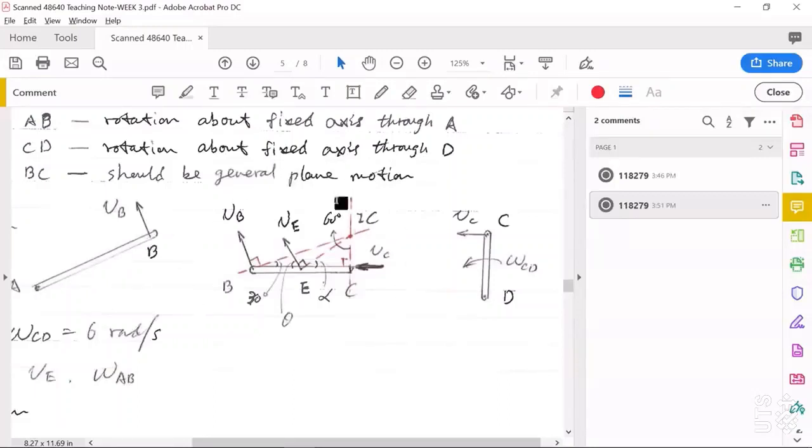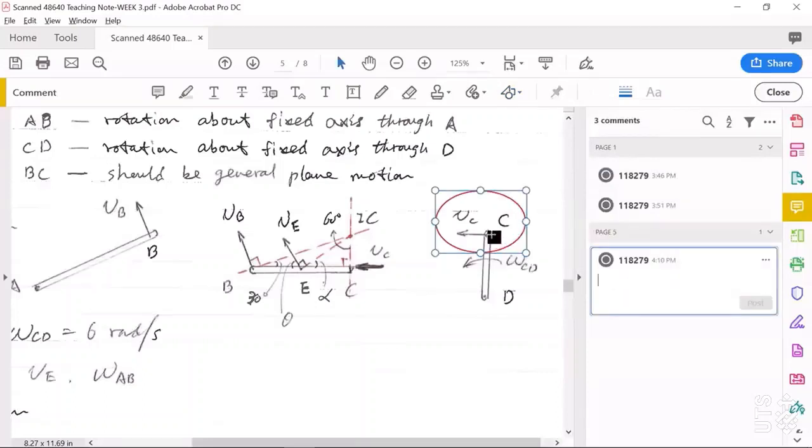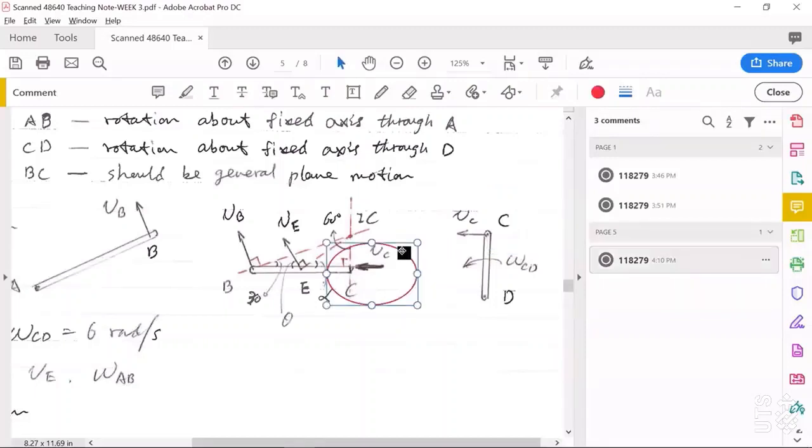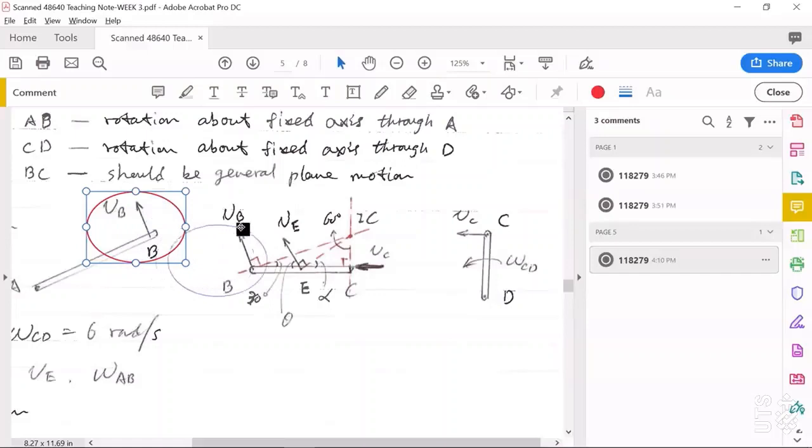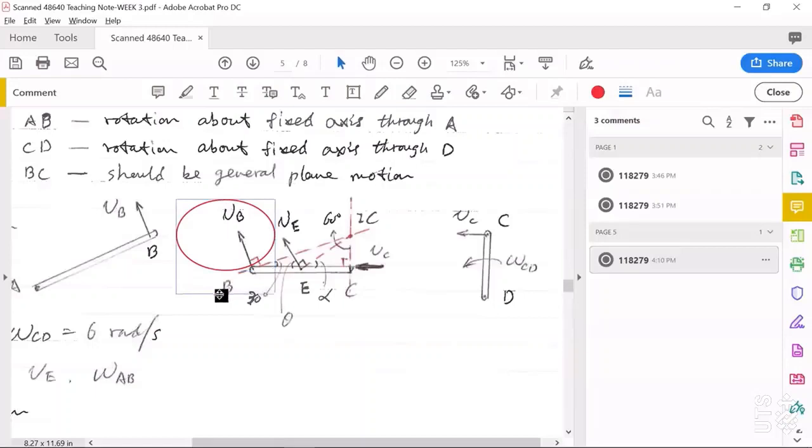Now look at the link BC undergoing general plane motion. We can copy everything from point C on CD to point C on link BC. We can copy everything from point B on AB to point B on BC.